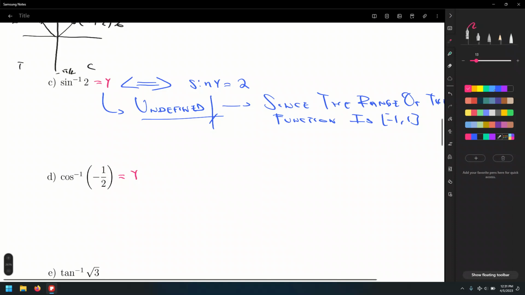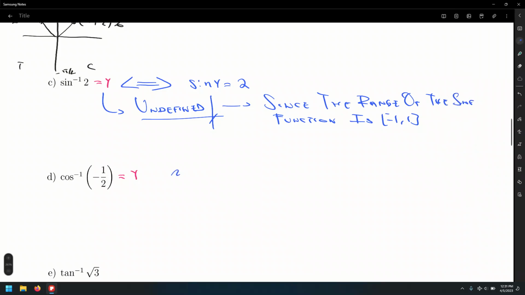And again, by the definition of inverse functions, this means cosine y equals negative 1/2. What I'm doing here is analogous to what we did when we worked with exponentials and logarithms. We have the exponential version and its equivalent logarithmic expression, or vice versa, right?